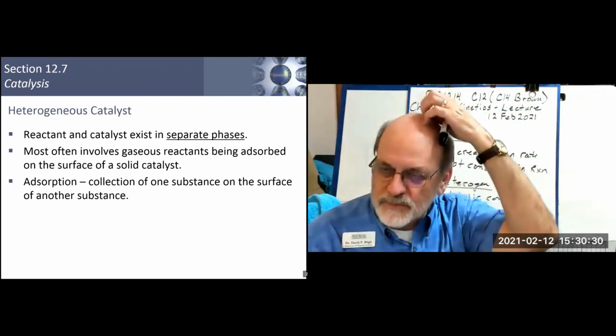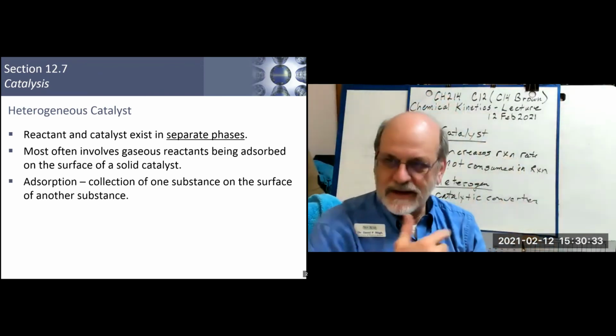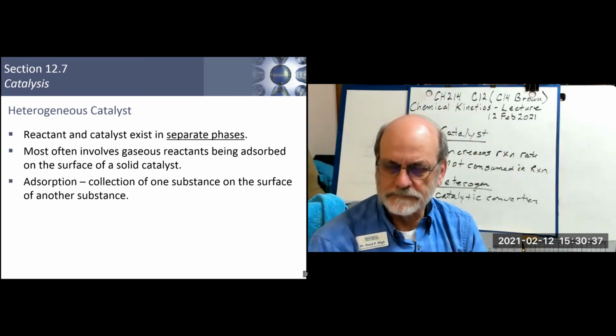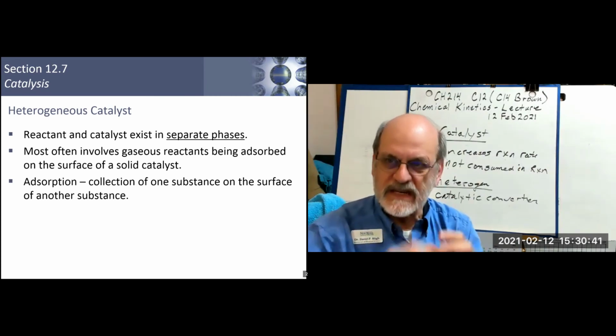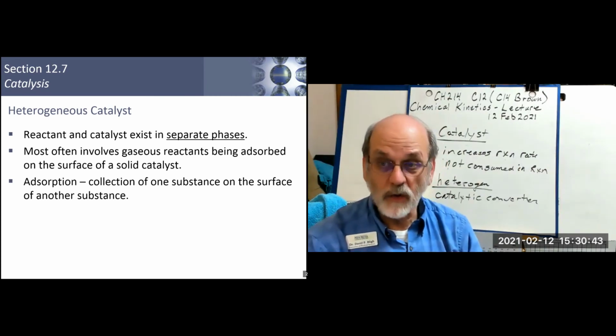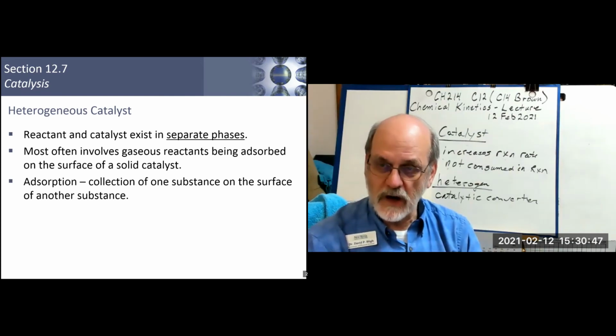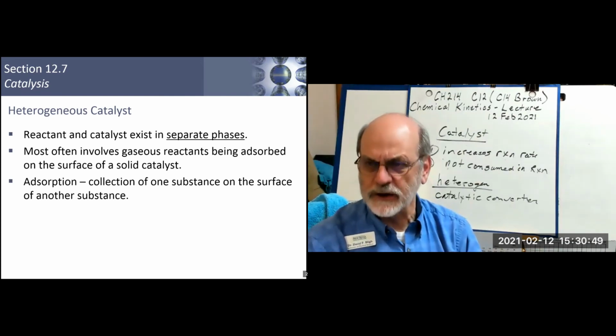You couldn't afford pure platinum beads in your engine, and that would be a waste, right, in the converter, because the reaction takes place on the surface of the bead. So really, you only need a very thin layer. And we use ceramics, of course, because they have a very, very high melting point. Right? They can stand very high temperature, and catalytic converters get extremely hot.